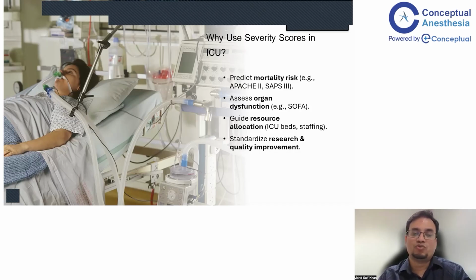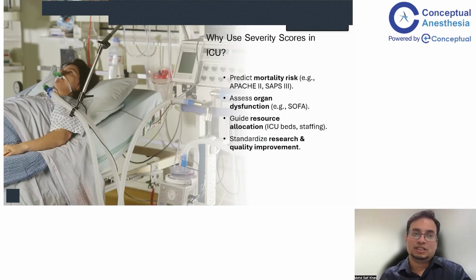See, the calculation is quite difficult and it is a practice. It has to be in the practice. It has to be in the policy. And for policy makers, it is important to know what the Apache 2 of the overall ICU is over a period of time.